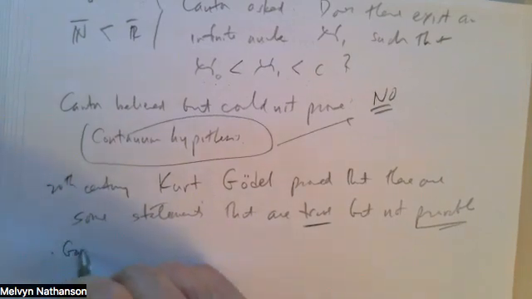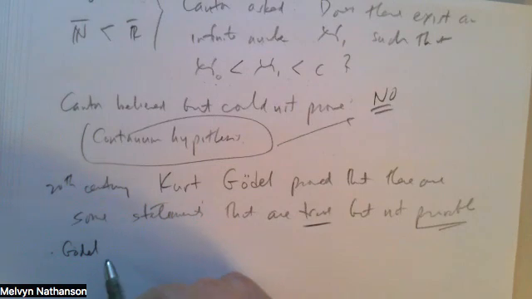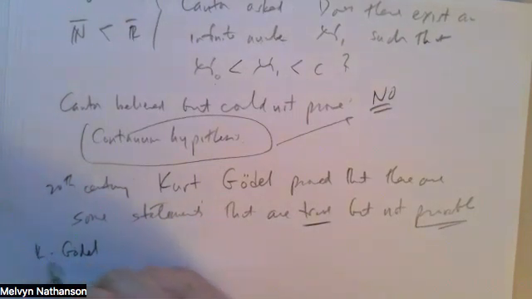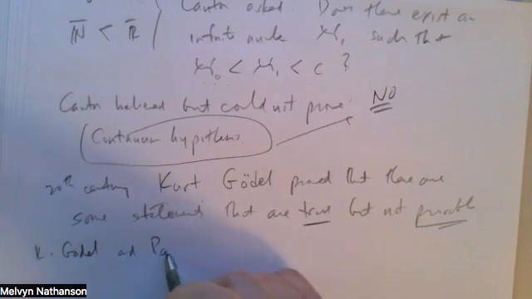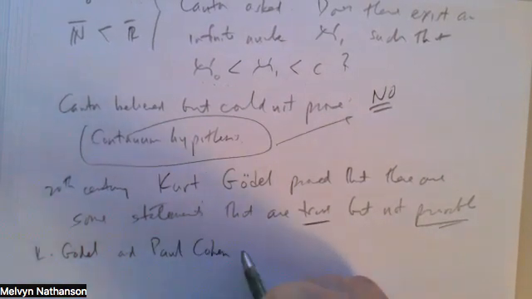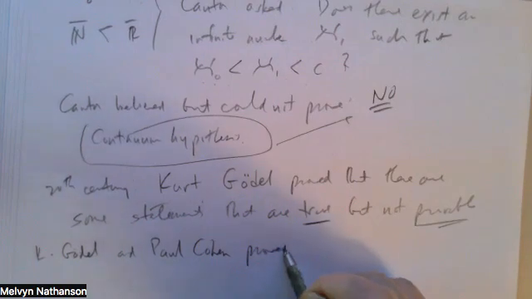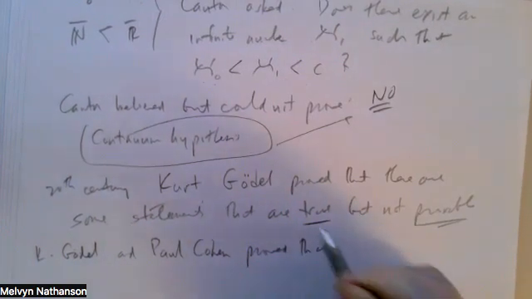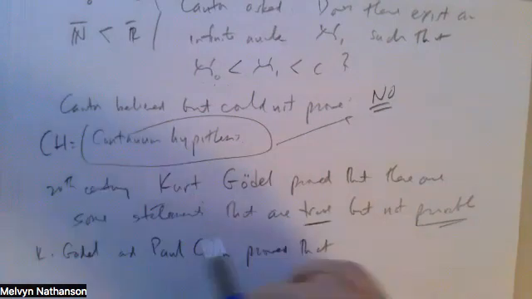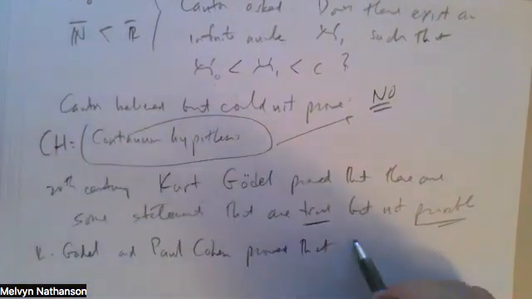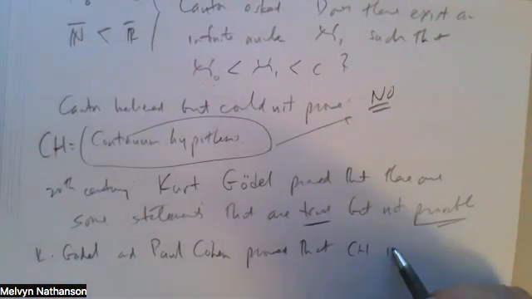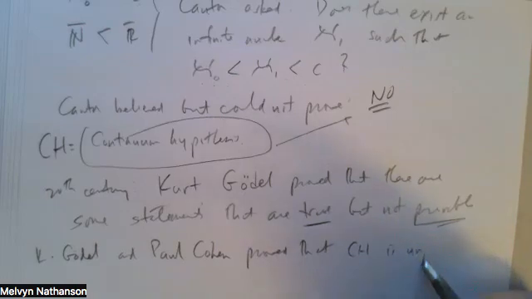And Gödel, and much later, a mathematician named Paul Cohen, proved that the continuum hypothesis, usually abbreviated as CH, if it's true, it's unprovable.